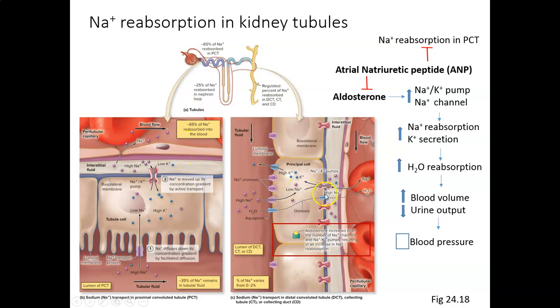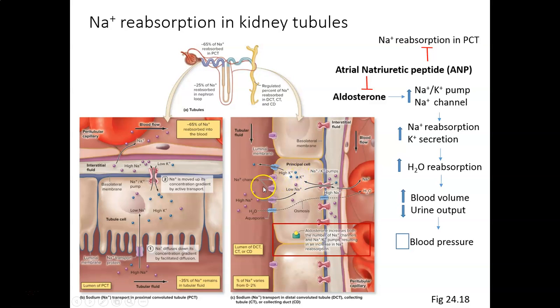What happens in the DCT, the more distal end, is again you have the tubule fluid on one side and the blood flow on the other. The cells involved here in the distal portion of the nephron are called principal cells. You're going to see these cell names a couple more times, but this is the first time you see them.